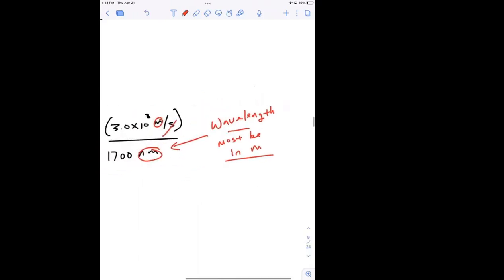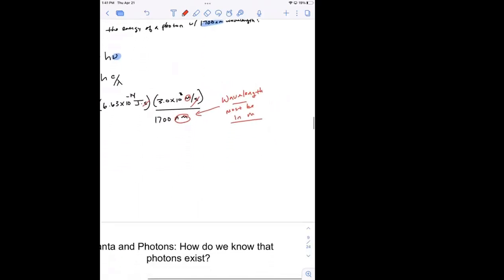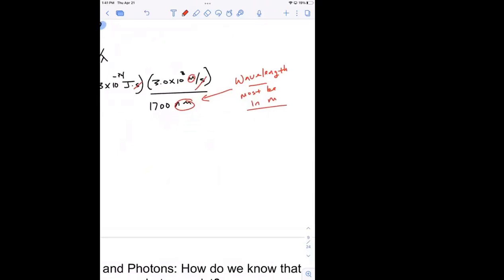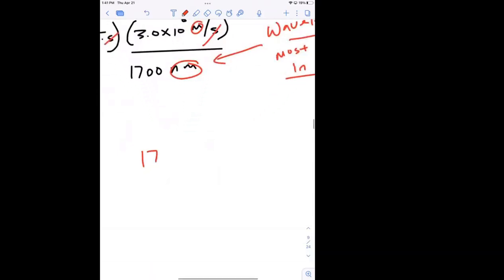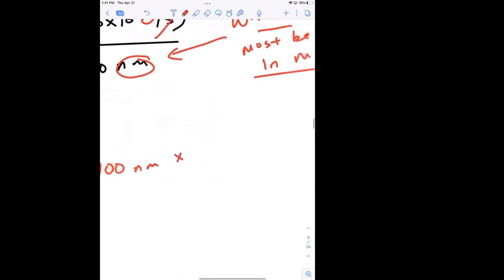Well, if you remember from when we talked about units and unit conversions, a nanometer is 10 to the minus 9 meters. So we can just say this 1700 nanometers times 1 times 10 to the minus 9 meters over 1 nanometer. Right, so that'll cancel that.